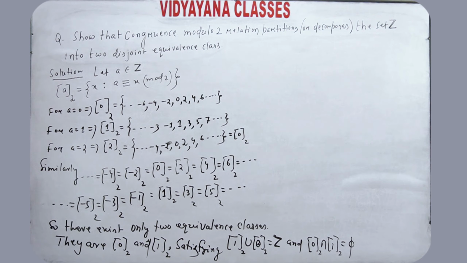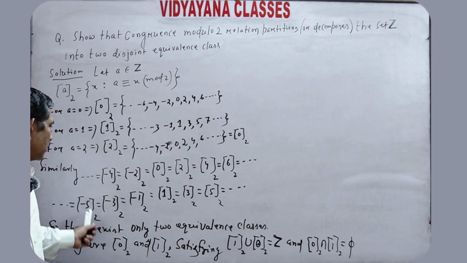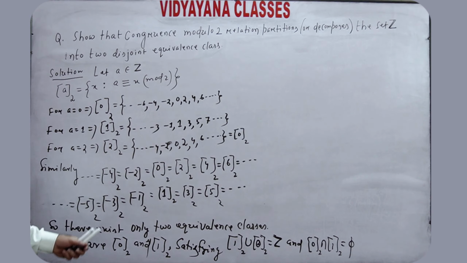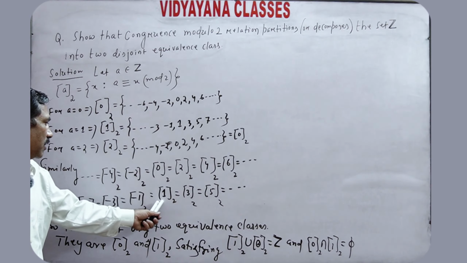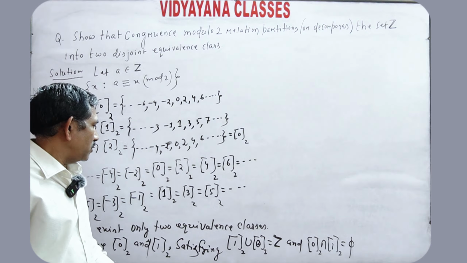Two equivalence classes are identical or disjoint to each other.